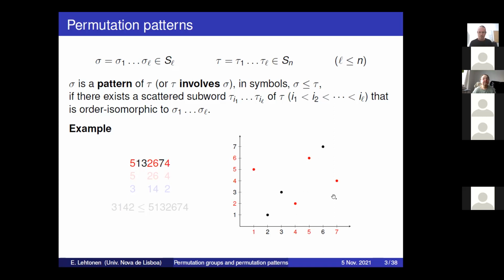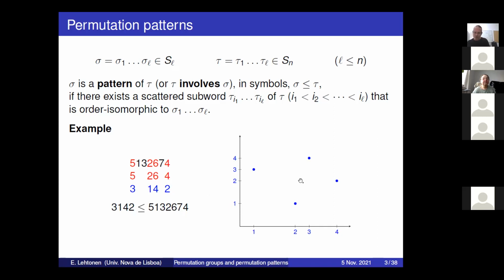We just take a subset of the points. We remove the other letters from the word, but then we have to scale these letters to obtain the permutation on the 4-element set. So we just take the unique permutation of rank 4 that is order isomorphic as the word with this subword. And in this way, we obtained an example of a pattern of this bigger permutation.